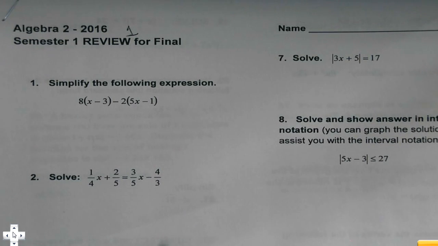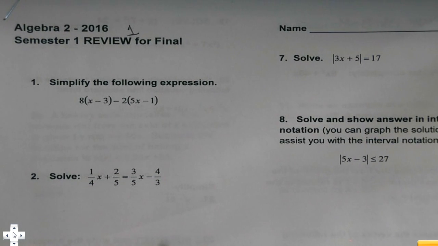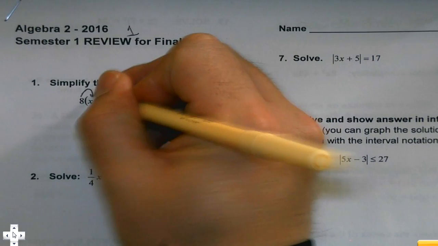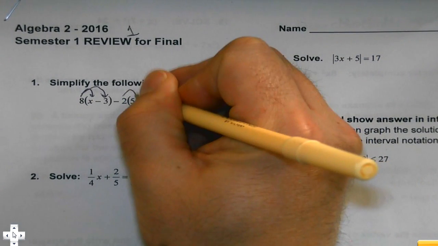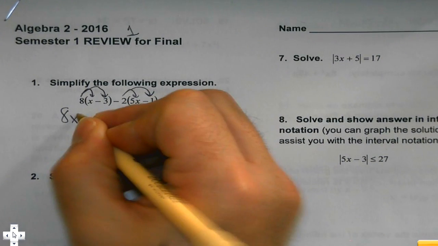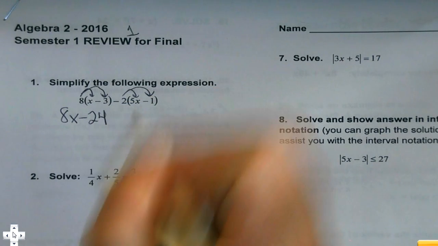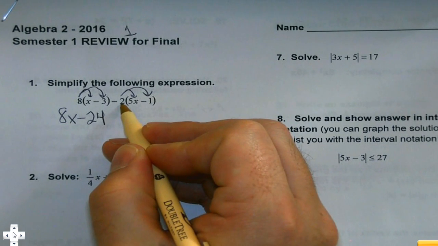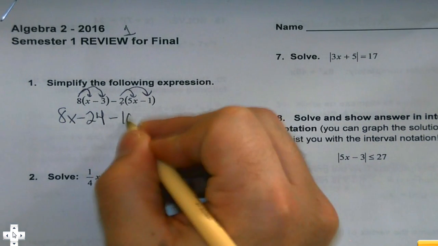We're going to look at the first 20 here in part 1 and simplify. Now notice, there's no equals, okay? So literally, all I'm going to do is do a lot of distributing and combining of like terms here. So, 8x minus 24, and that's a negative 2 that I'm distributing through.